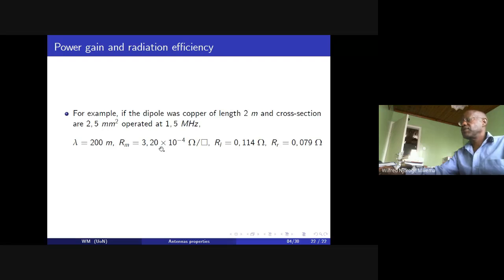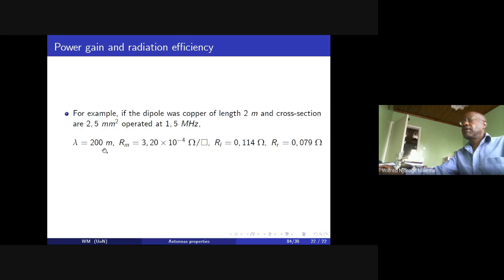The Rm is going to be given by 3.2 times 10 raised to minus 4 ohms, or 0.32 milliohms per square. And therefore, the loss resistance is just going to be 0.114 ohms, and the radiation resistance is just 0.079 ohms.